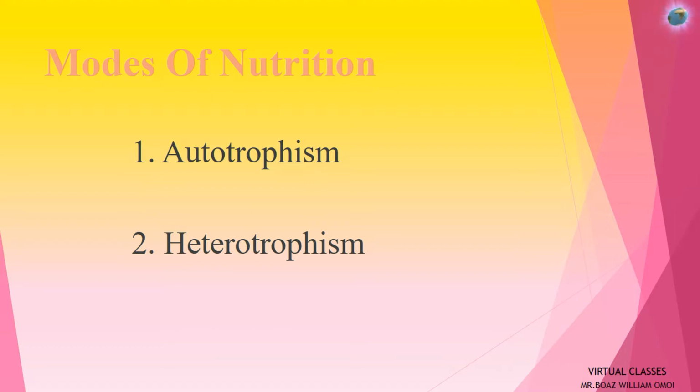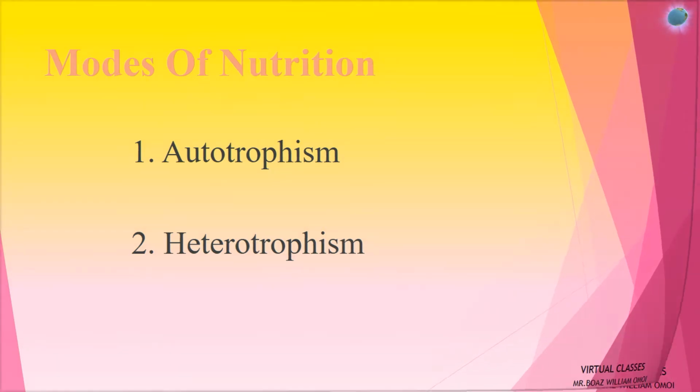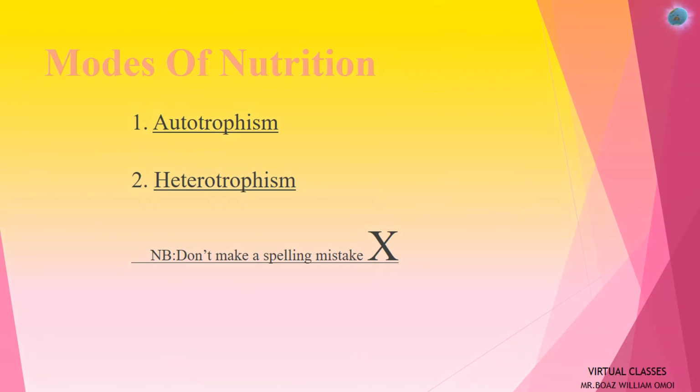Number 2, heterotrophism. So those are the 2 main modes or types of nutrition. Pay attention to the spellings of autotrophism and heterotrophism.